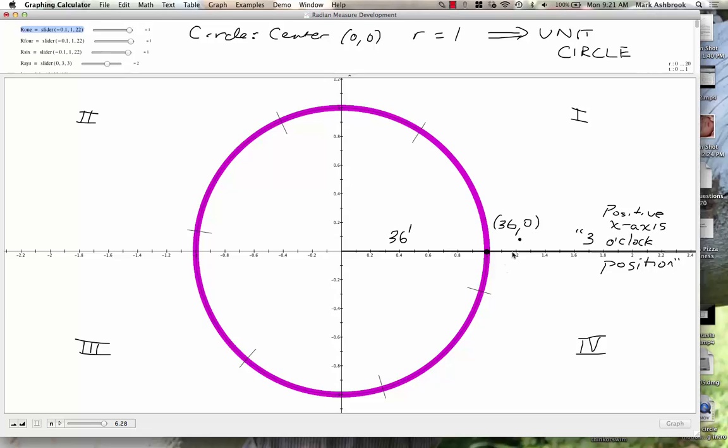Well, it has a radius of 36 feet, but we want to think of it also having a radius of 1 as well, both. How can that Ferris wheel with a radius of 36 feet also be thought of as having a radius of 1? What would the 1 stand for? Yeah, 100% of 36 feet. So what is the 1? 1 what?